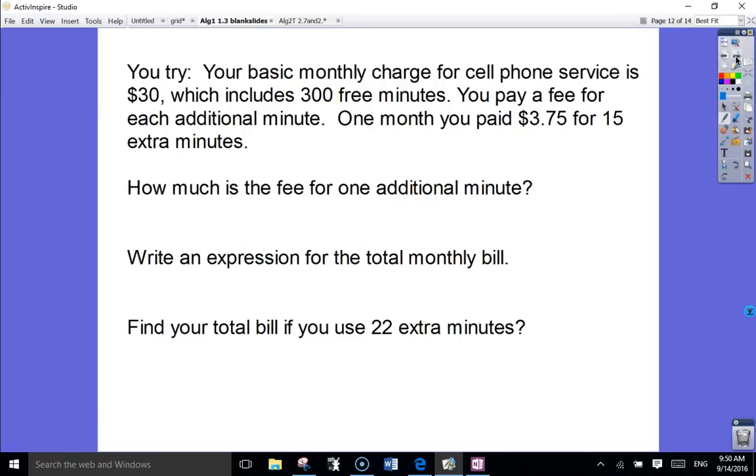You don't know what the fee is in this problem yet. Let's say that 1 month you paid a total of $3.75 for 15 extra minutes. Then how could you figure how much it would cost if you had 22 extra minutes? What would you need to figure out? If it costs $3.75 for 15 extra minutes, then how much are you paying for each additional minute?